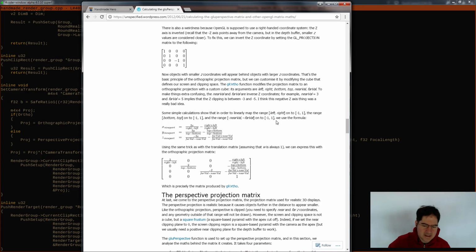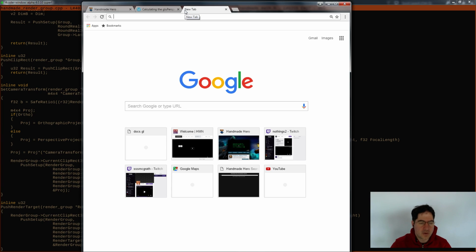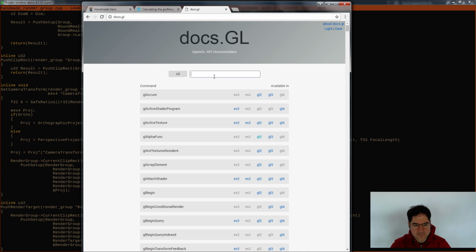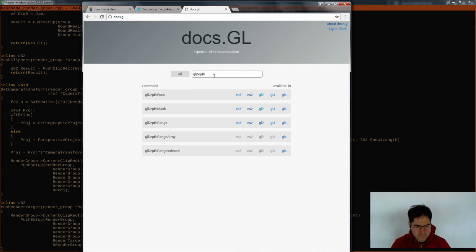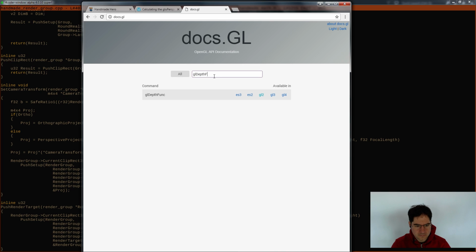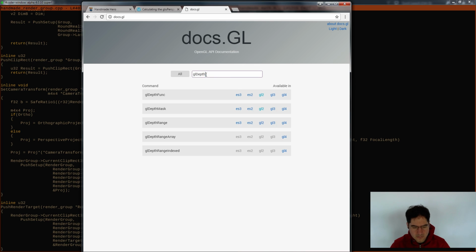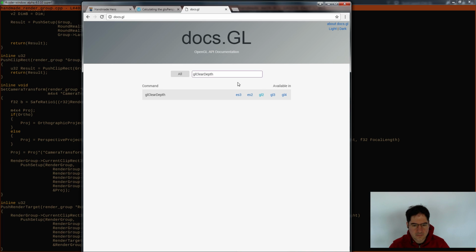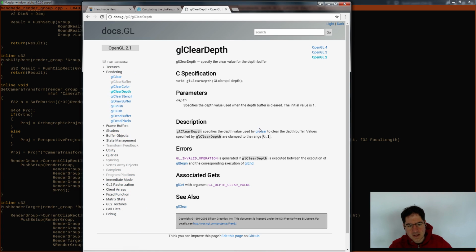And then just when it does the window, when it actually outputs those coordinates, they become between 0 and 1 after the fact. It sounds like, because right, if that wasn't the case, then you wouldn't be clearing between 0 and 1, right?